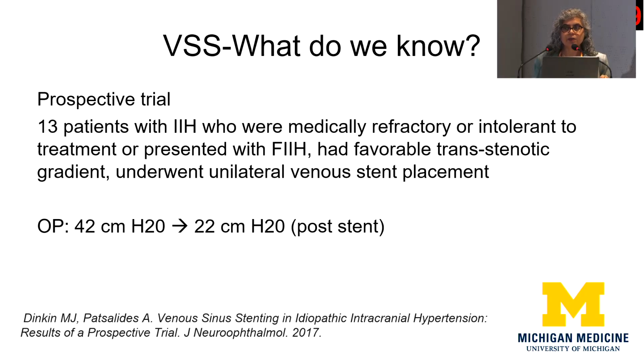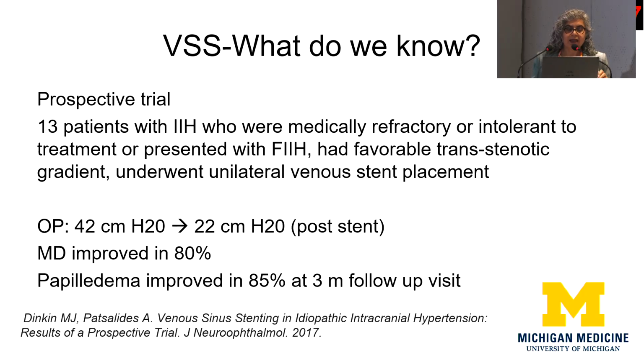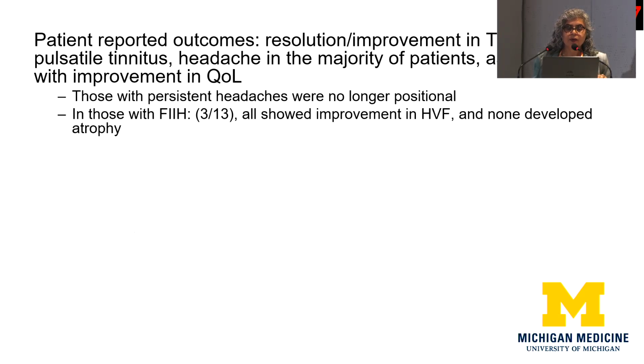Their mean deviation on the visual field improved in 80% and papilledema in 85% at the 3-month follow-up visit. Patient-reported outcomes also improved in transient visual obscurations, diplopia, tinnitus, and headache, though some had persistent headaches. Of those with fulminant vision loss, 3 out of 13 showed improvement, and none developed atrophy, so they did stabilize.